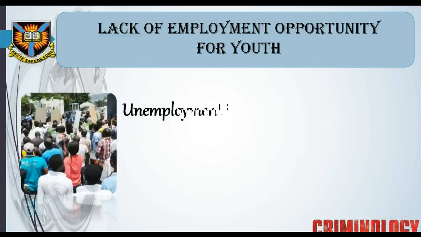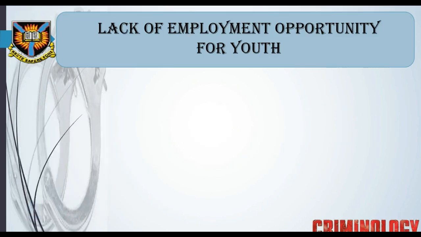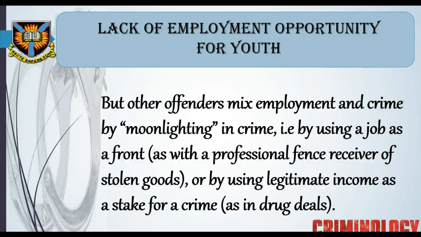4. Lack of employment opportunity for youth. Unemployment is related to crime in complex ways. Some crimes cannot occur unless a person is working, but other offenders mix employment and crime by moonlighting in crime, that is, by using a job as a front, as with a professional fence, receiver of stolen goods, or by using legitimate income as a stake for a crime, as in drug deals.